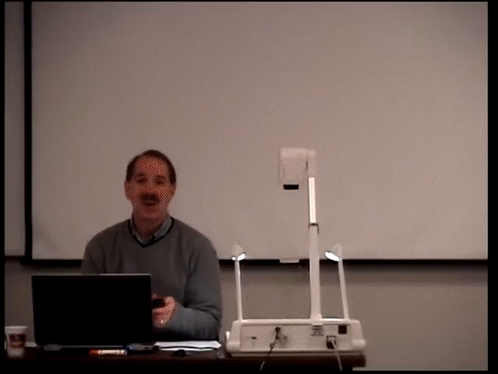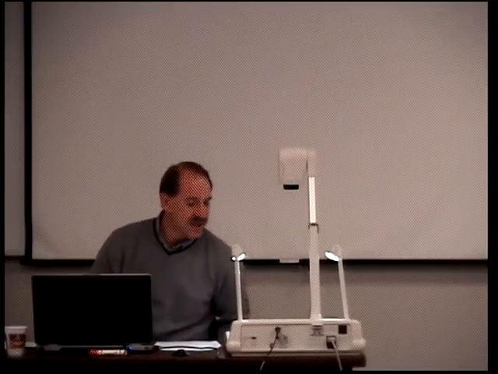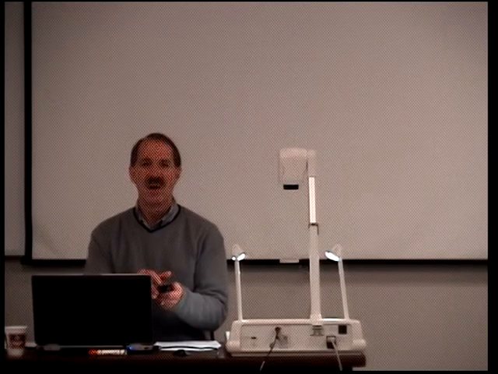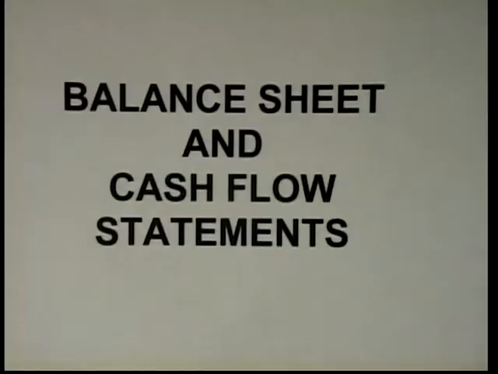Okay, let's get it started then. If you would go to session two, page 2. That's where we're going to start with balance sheets and cash flows. Okay, hang on a minute now. There we are.